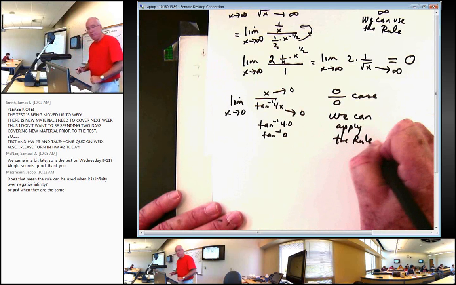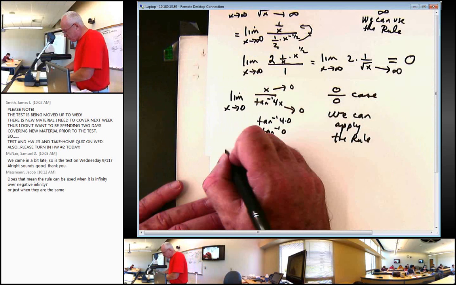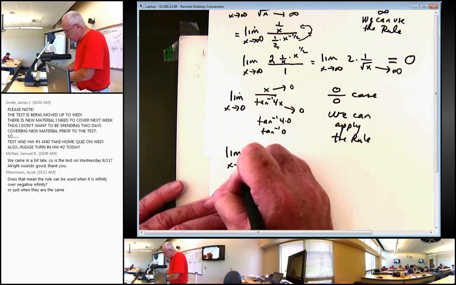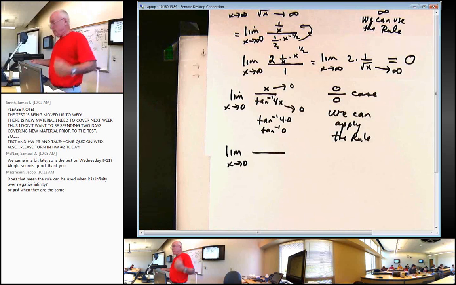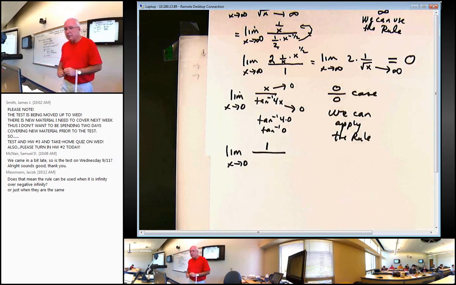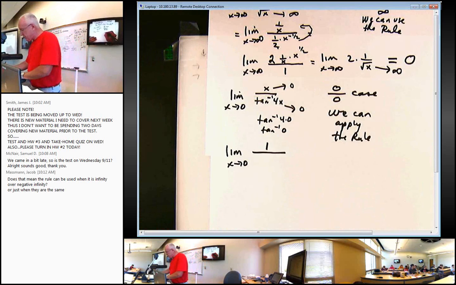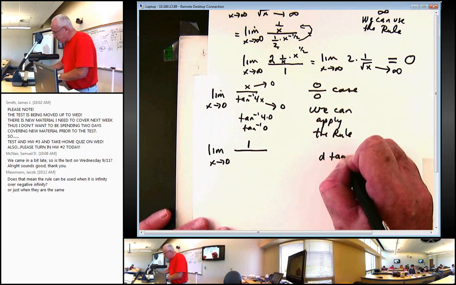All right. Okay, so let's do the derivative then. So this is going to be equal to the limit as x goes to 0. Well, the derivative of x on top, that's 1. All right. Now, what's the derivative of the tan? Let's go over here to the side of our paper. What's the derivative of the tan inverse of 4x?